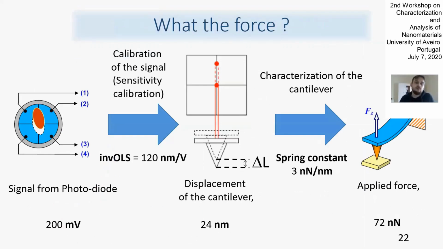So when you have these two coefficients, one is the sensitivity or inverted sensitivity, and the other one is the spring constant or stiffness, you can actually quantify your values and understand how much the tip is displaced under the action of the force and how much force you applied. And this is really important because it makes atomic force microscopy especially a quantitative technique, which can be used to measure the quantitative values of any physical properties.